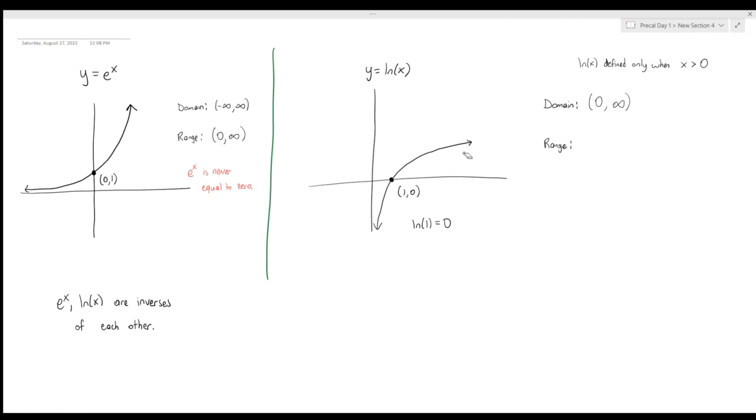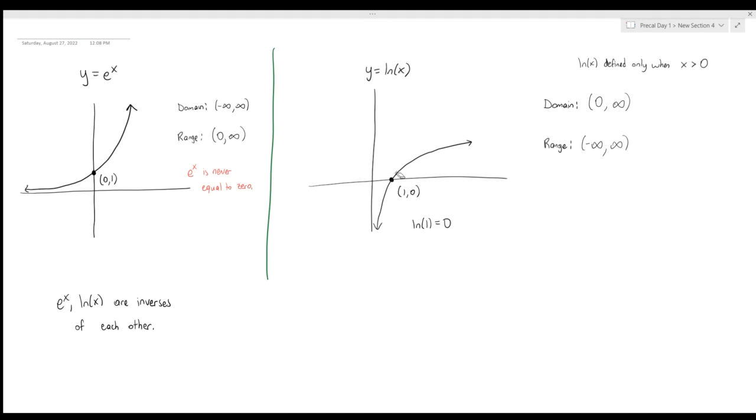Now the range of the natural log function: if you focus on the y values of the graph, they do go all the way down to negative infinity, and they do go up to positive infinity.